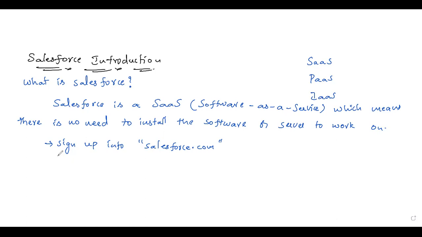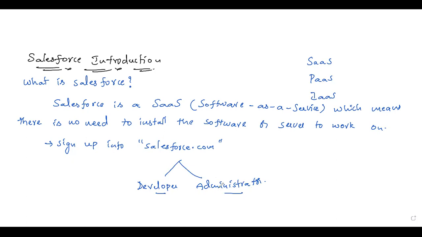Here we have two roles: one is developer and the other one is administrator. I'll give the best example for developer and administrator. A developer is like a new plant we have planted in our garden, and we take care of that plant.